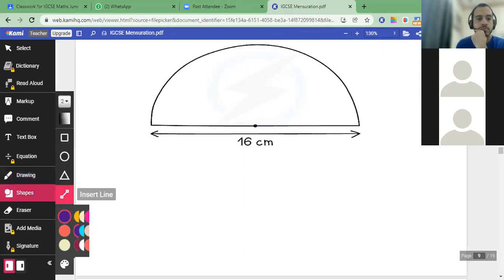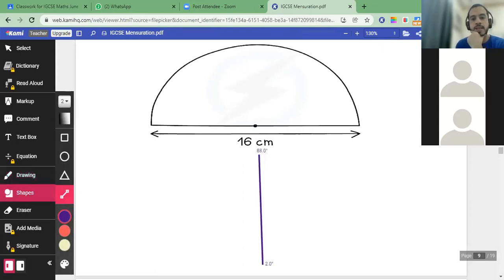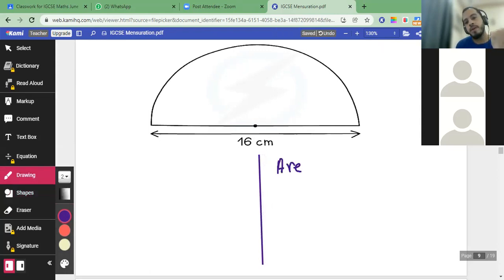Area is half pi r squared. The area is pi r squared, then you divide by 2 because it's a semicircle. Exactly. Then what is r, Joanna?